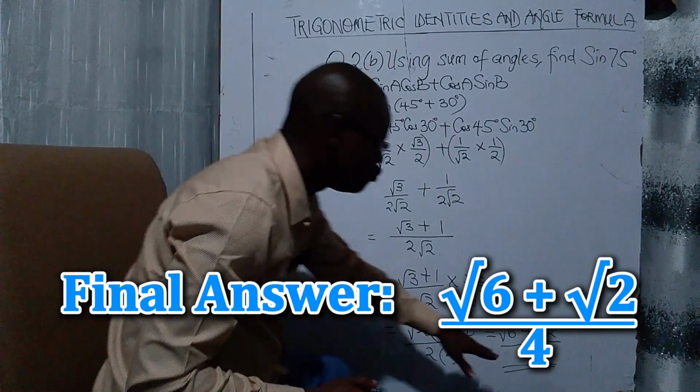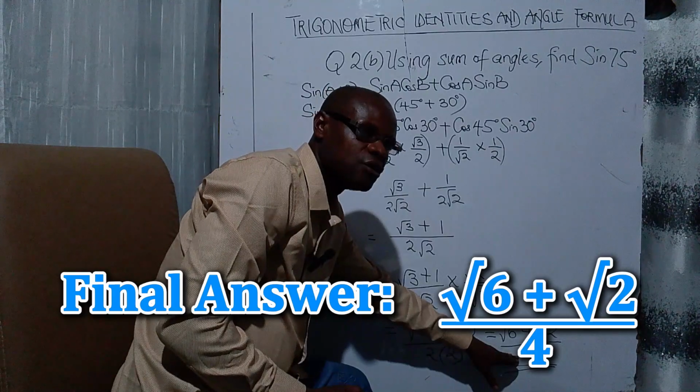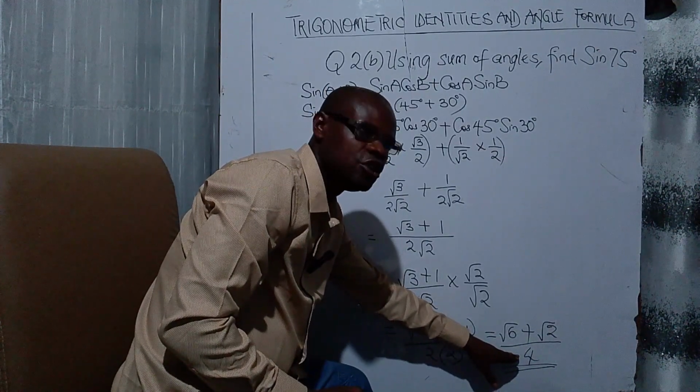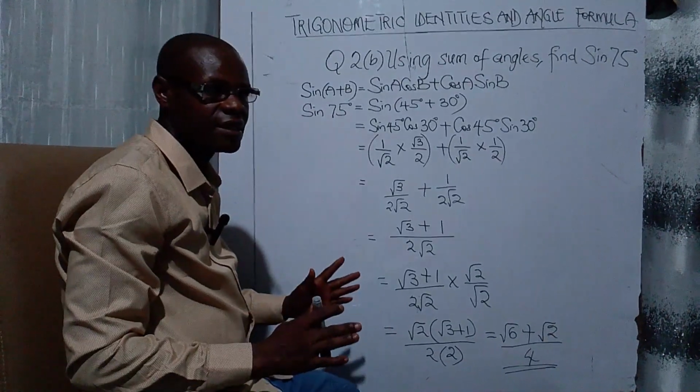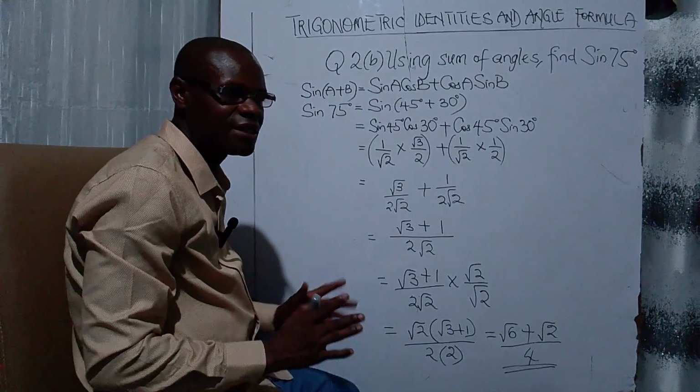So as long as you don't have a square root in your denominator, that simply means that your answer has been simplified. That is how simple it is.